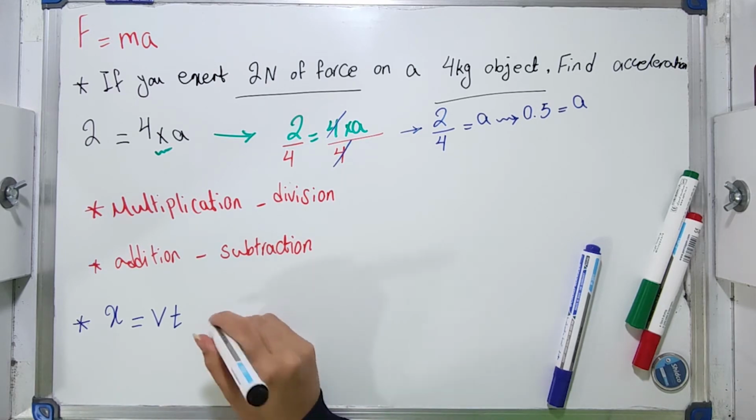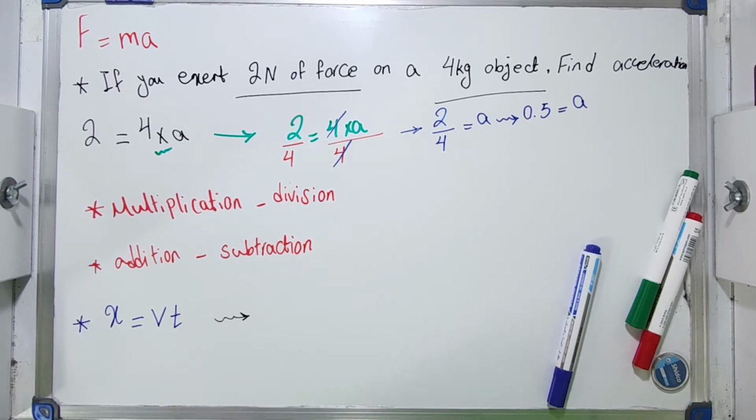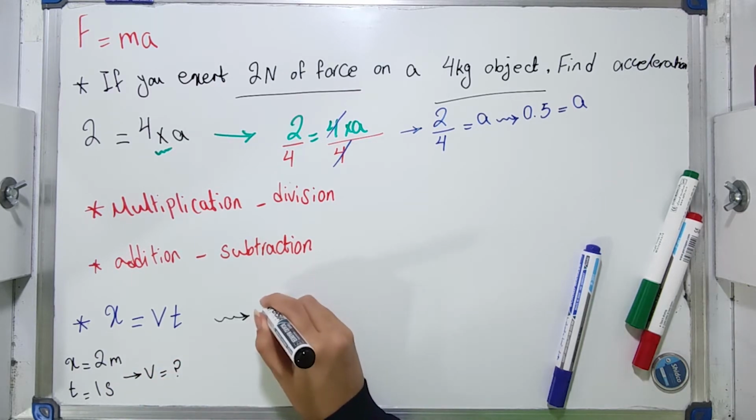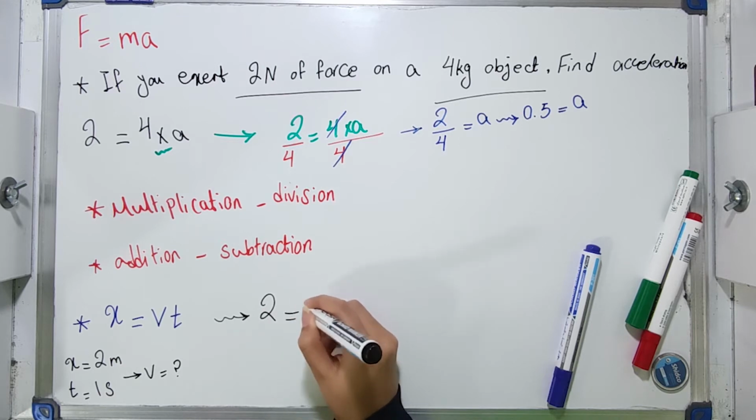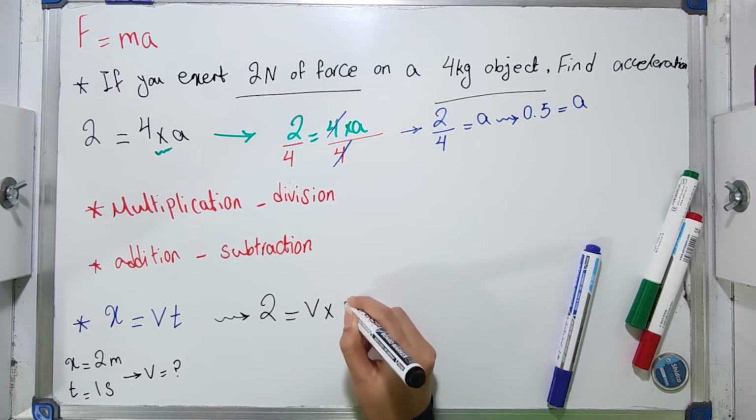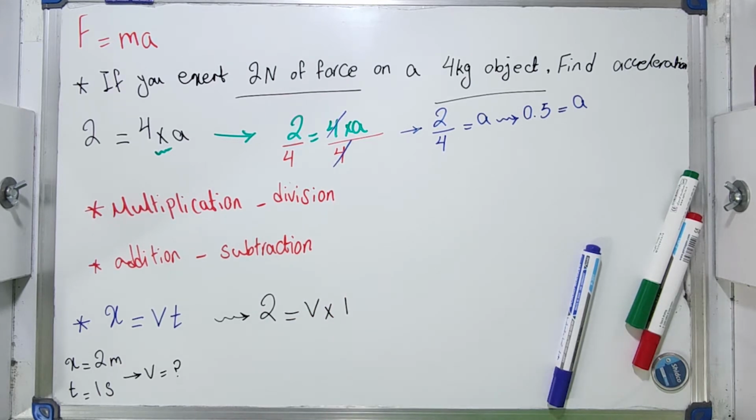So I have to make v alone. Imagine that I know that x distance is 2 meters and time is 1 second, and I wanna find out v. So I say 2 equal to v times 1.